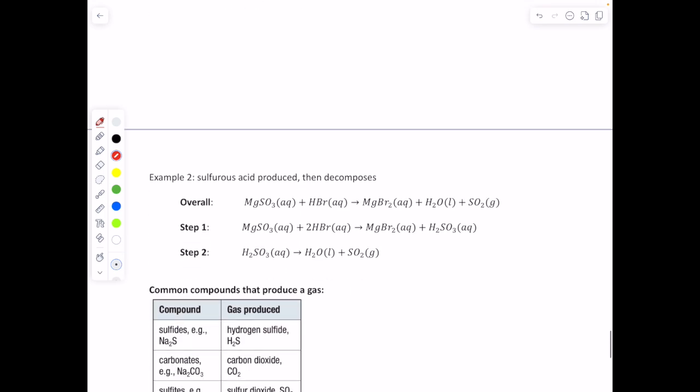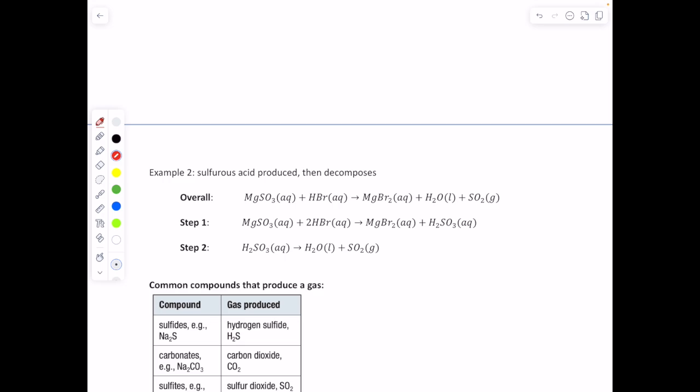Let's look at the next example between magnesium sulfite and hydrogen bromide. They would produce an overall reaction of magnesium bromide and water and sulfur dioxide gas.